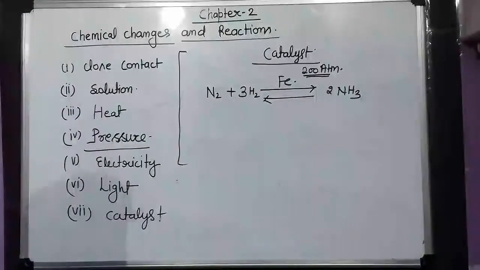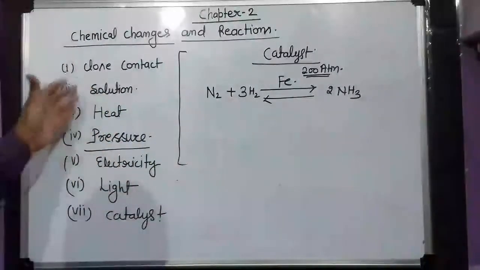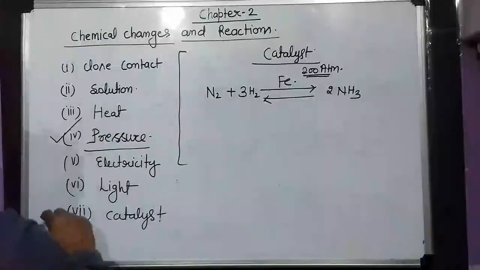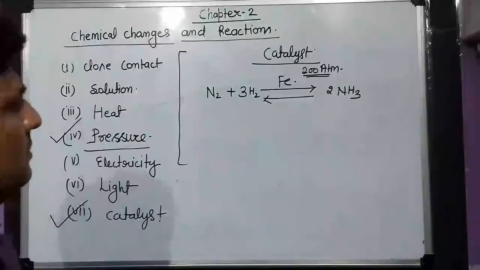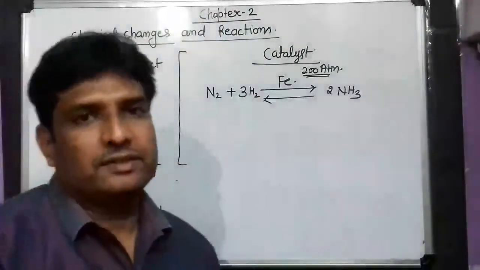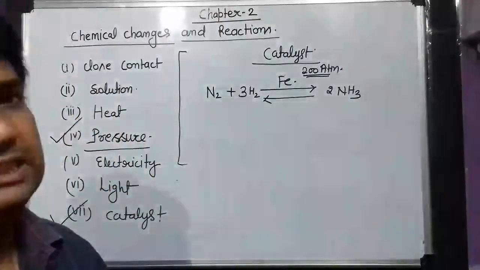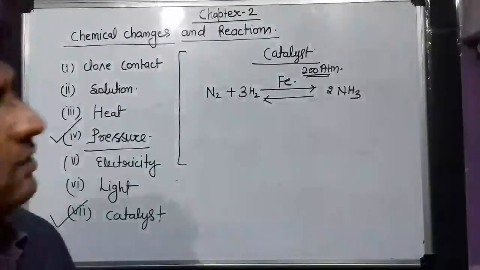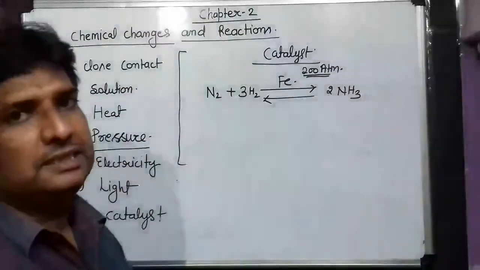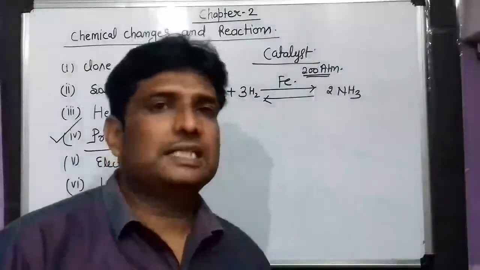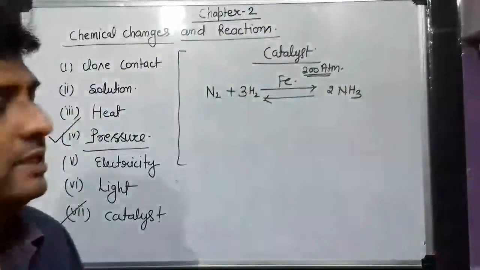So this example is used in pressure conditions, with pressure and catalyst. A catalyst is a substance that changes the rate of reactions, either positive or negative. It decelerates or accelerates the rate of reactions and does not participate in the reaction. It remains as it was under the previous conditions.